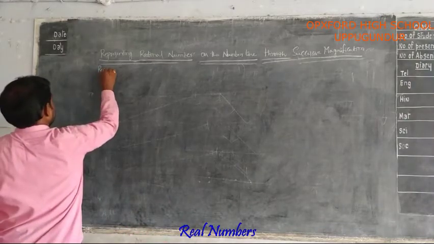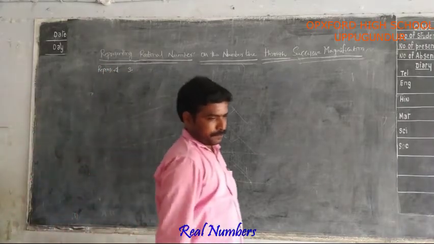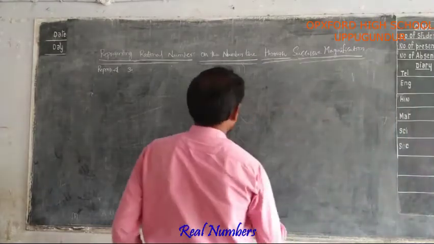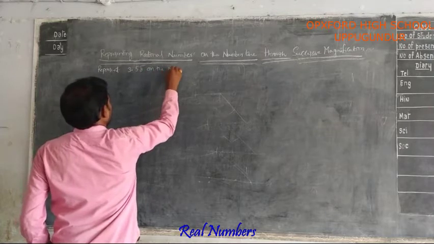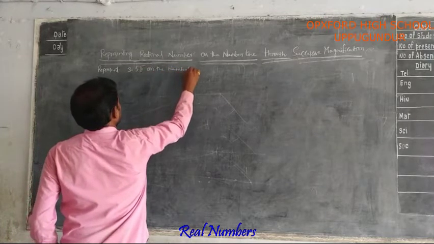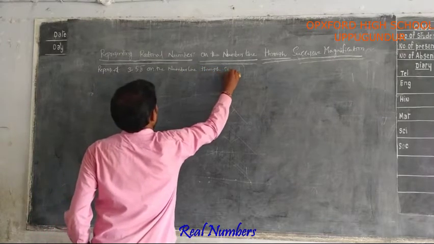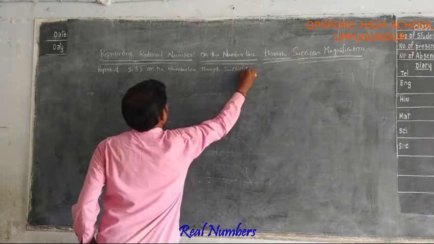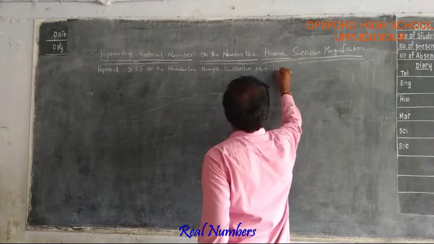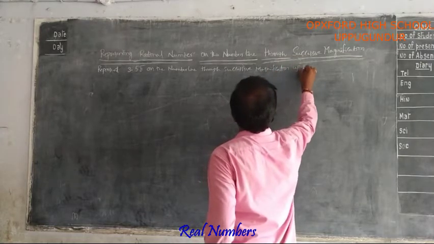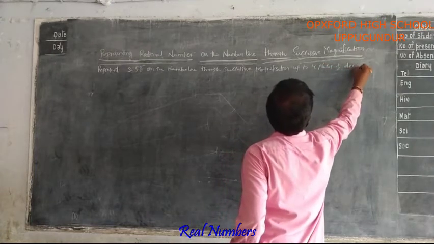Represent 3.58 bar on the number line through successive magnification up to 4 places of decimal.